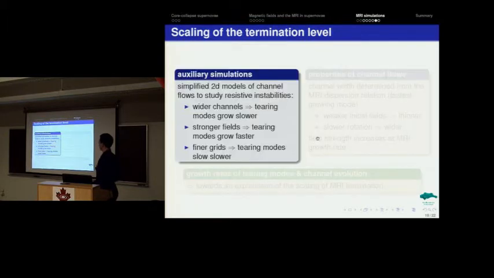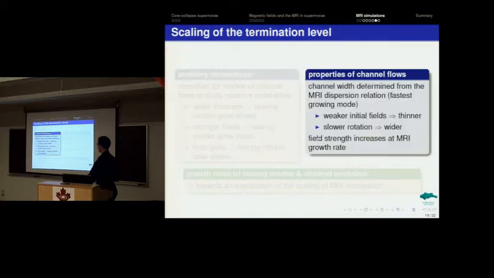And this is what we found there. Wider channels tend to give us slower growth of those instabilities. Stronger fields lead to faster growth. Finer grids also, because of the decreased numerical resistivity, lead to slower growth.